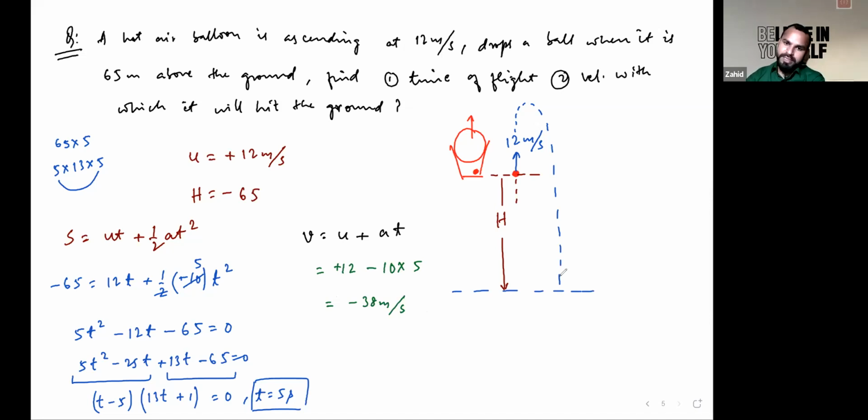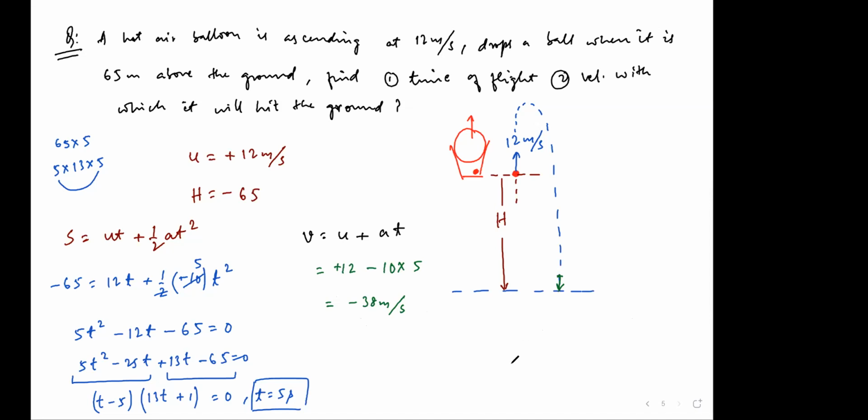This minus sign is nothing but the direction in which this body will move. So it will be along the downward direction, and its magnitude is 38 meters per second. Is it clear, Safan? Yes, sir.